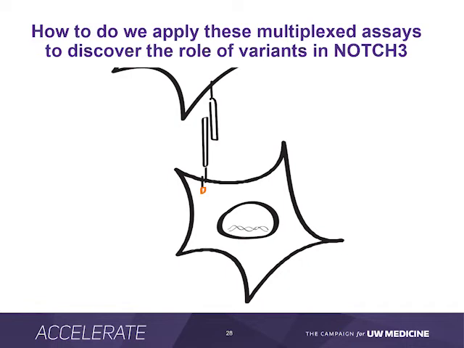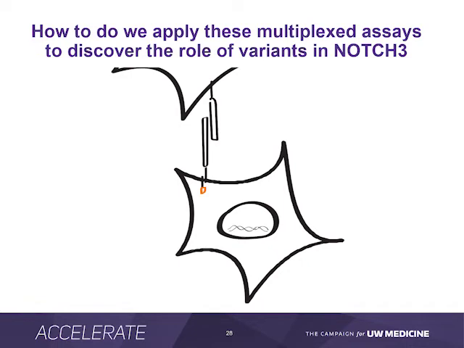And then Notch 3 is being produced where? In this cell. So how does it get outside the cell? It's exported through the Golgi and endoplasmic reticulum. Yeah, so it's actually made, cleaved, put back together, inserted into the membrane. There's a lot of cell biology that goes along with Notch 3.